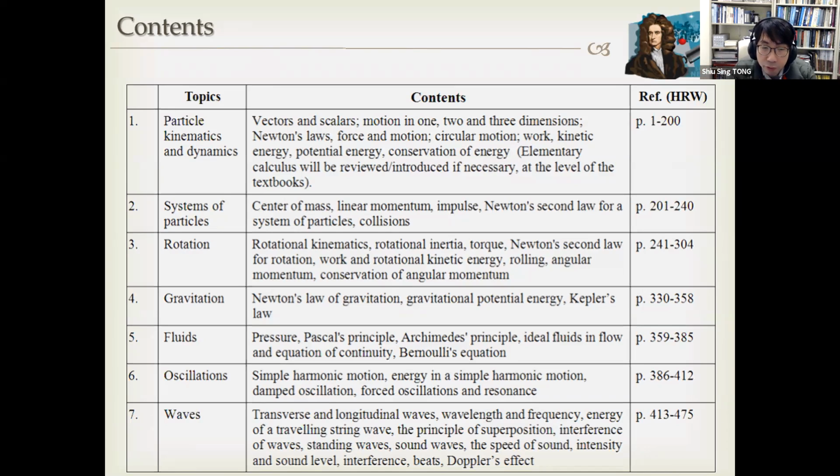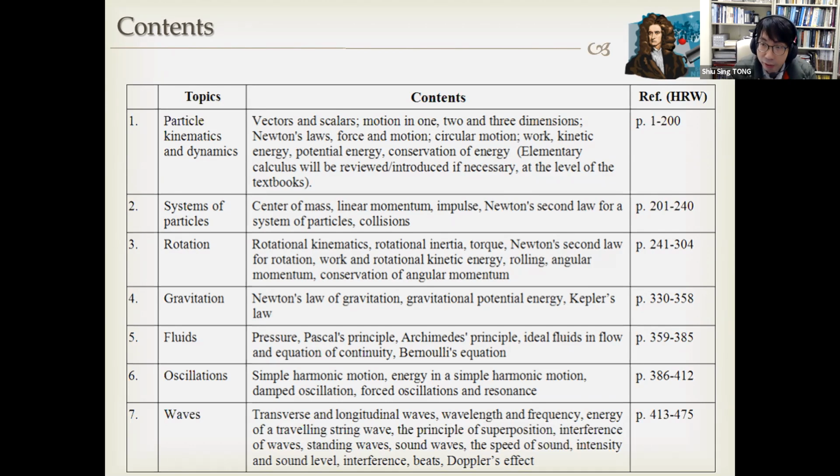And on topic 7, we have waves, namely the transverse and longitudinal waves that you learned in high school. We discuss wavelength and frequency, but we formulate them in more mathematical language. And we introduce the wave equation, which is just a continuous version of Newton's second law. And we discuss energy and the principle of superposition of waves.